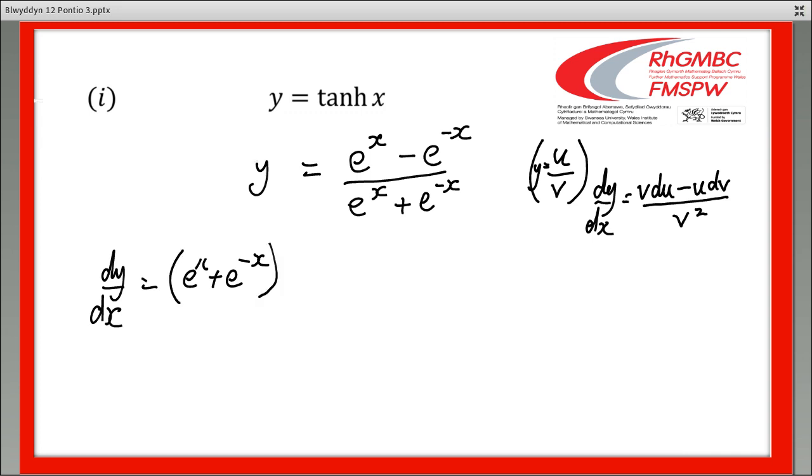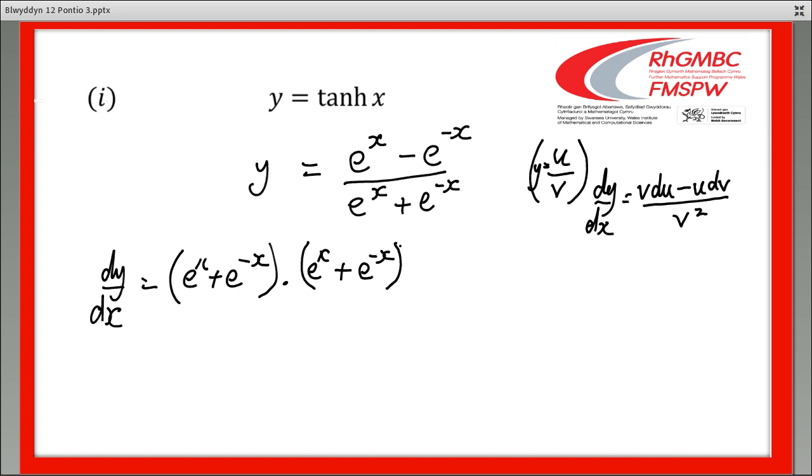And we multiply it by the differential of the u function, the top, which is e to the x plus e to the minus x. And again, I refer you to the work that we did when we differentiated sinh and cosh earlier, and we differentiated either e to the x minus e to the minus x, or the other one.